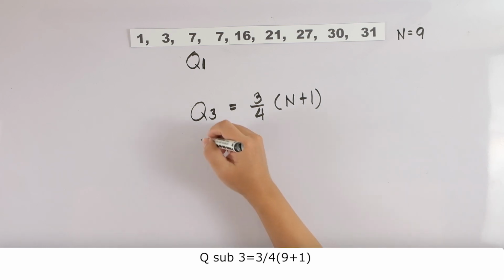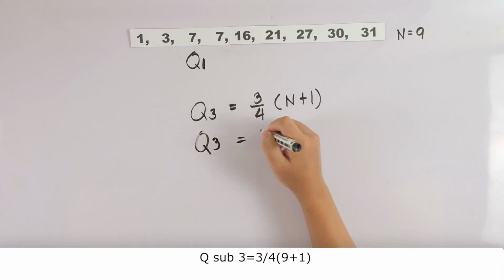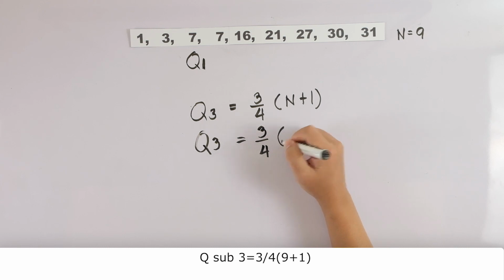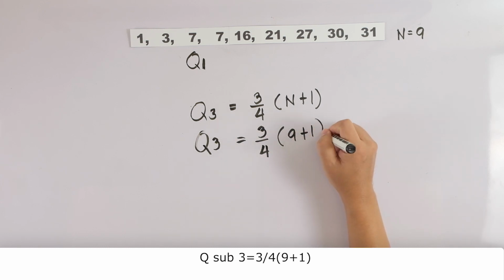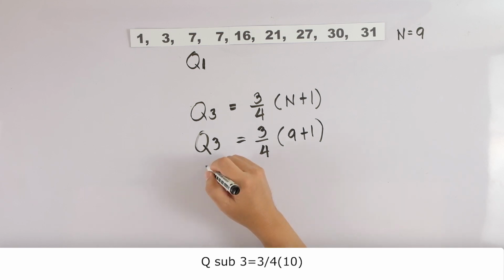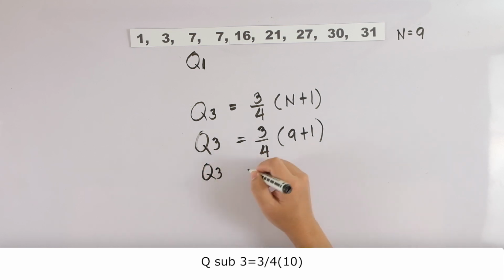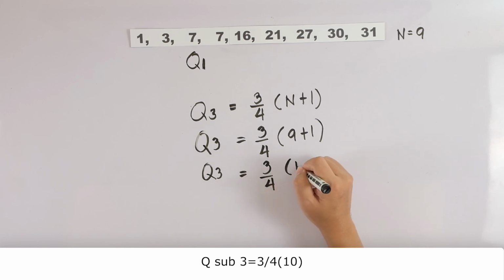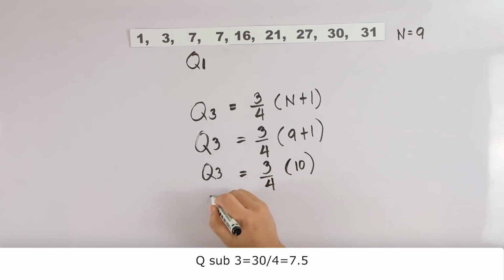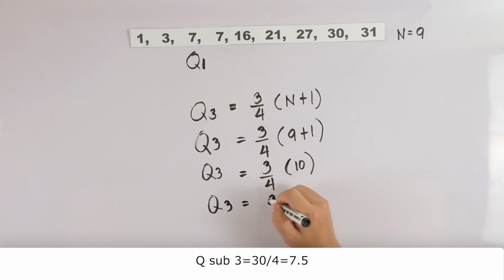So we have Q sub 3 is equal to 3 over 4 times the quantity of 9 plus 1. That will be Q sub 3 is equal to 3/4 times 10, which is equal to 30 over 4.